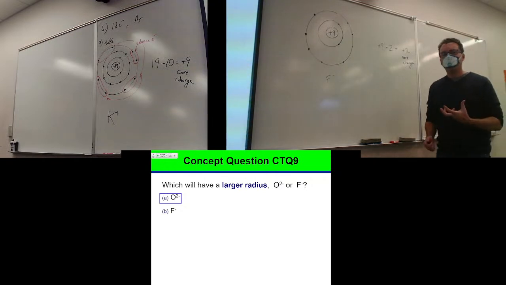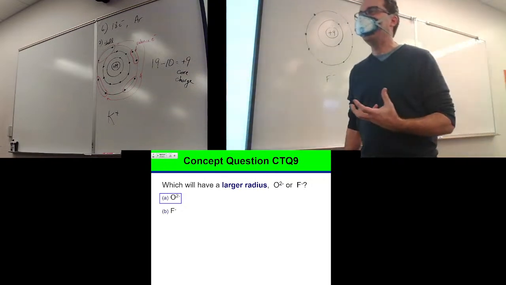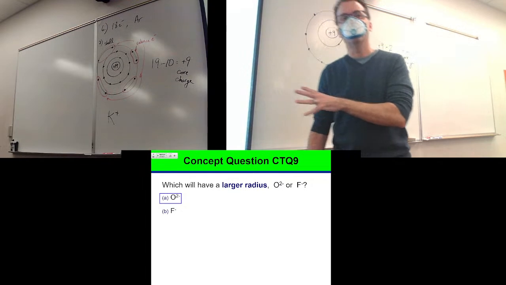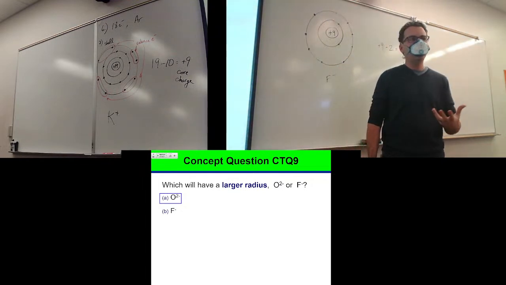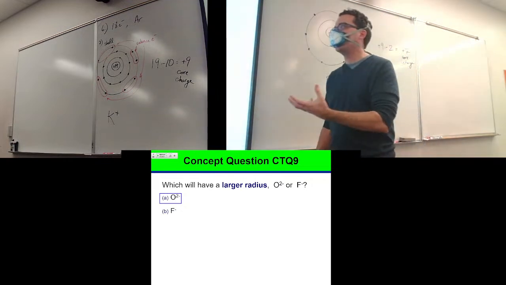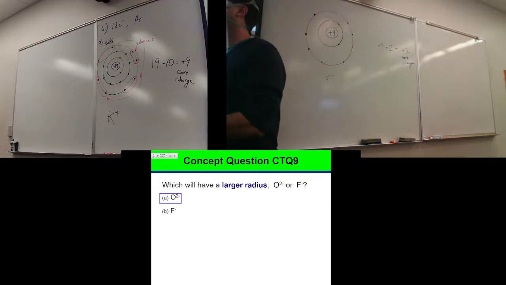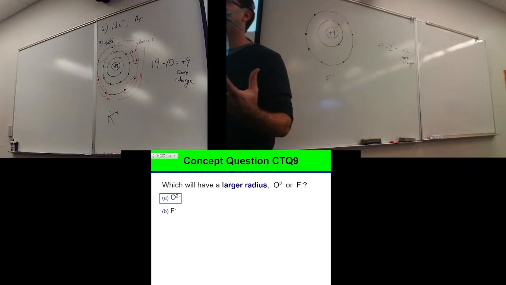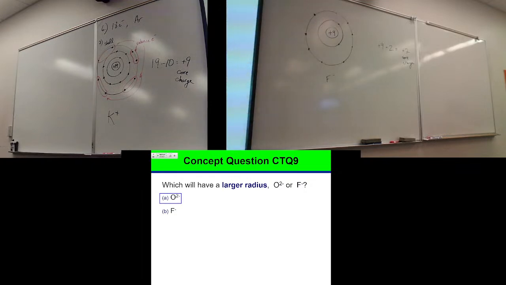Honestly, the way I like to think about it is if they're isoelectronic, that means they have the same number of electrons. Then the shell model is going to look the same, except for the protons. So you look at the protons. Whichever one has the most protons is going to be the smallest.